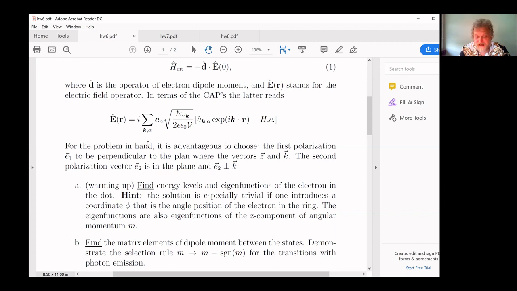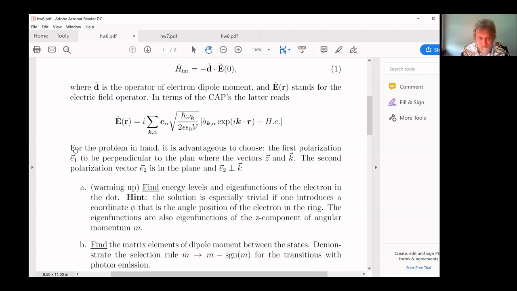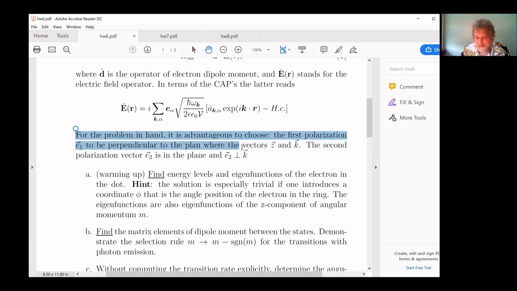And it is in the same plane as vector Z. Good, so perhaps it's not ideally written here, but in fact it is a useful hint which will simplify your calculations.